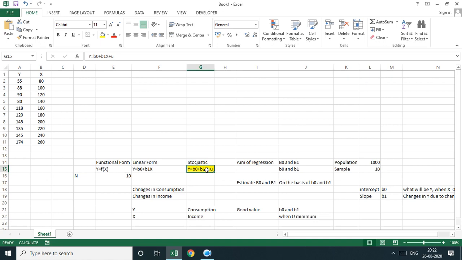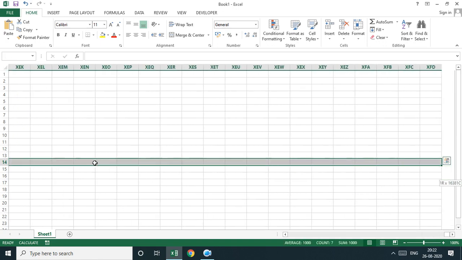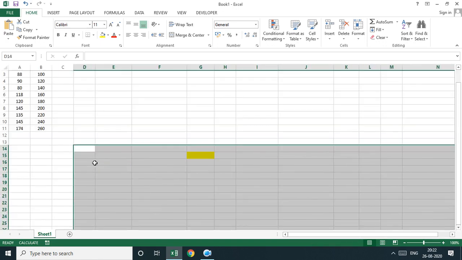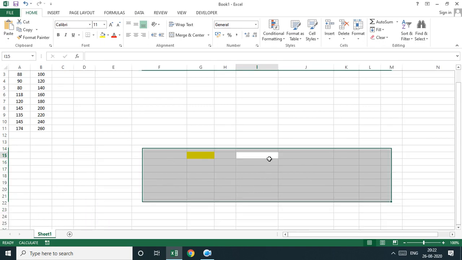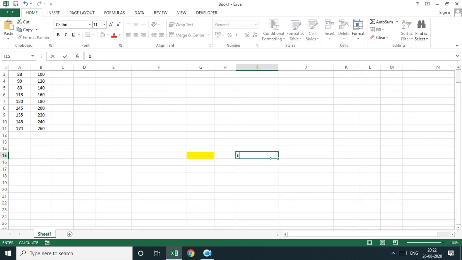So how can we find out the values for this? First, we have to find the values for beta 0 and beta 1. So what is the equation for that?